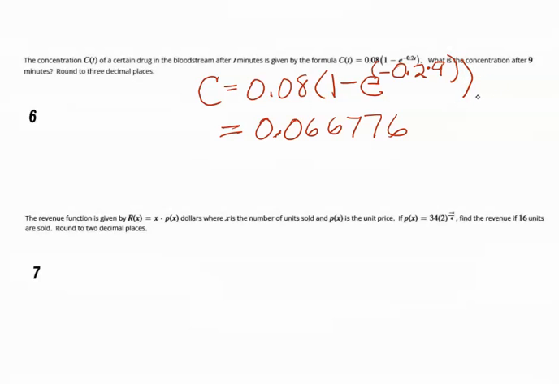So I get this, and notice we're starting with 0.08, and this is a negative value, so we're getting 0.0667 goes on. We want to round to 3 decimal places. So we go to our 4th decimal place, it's a 7.